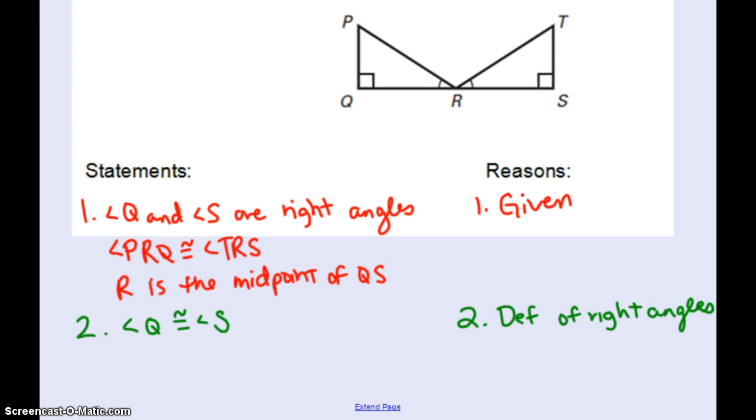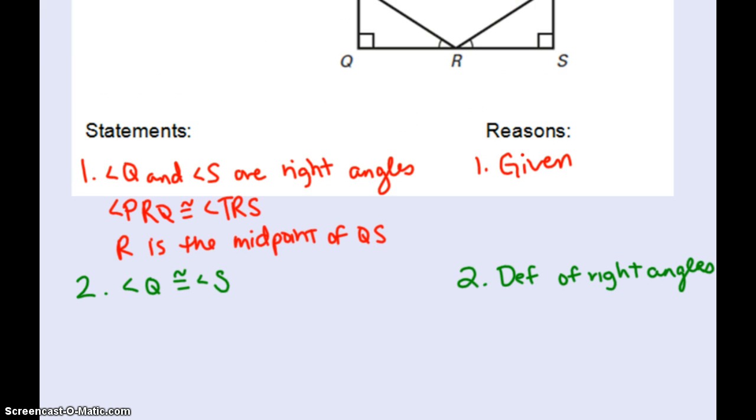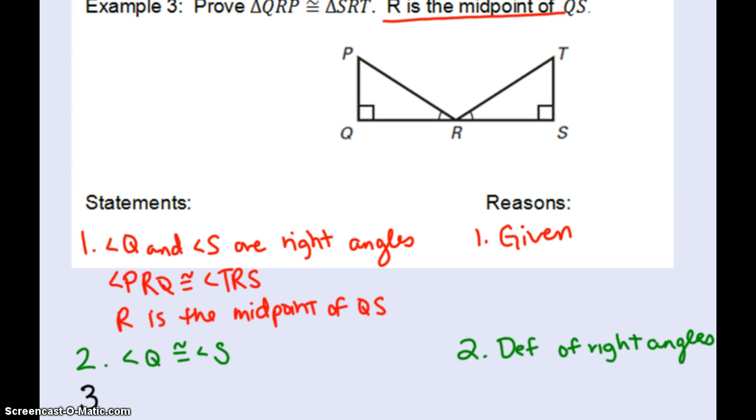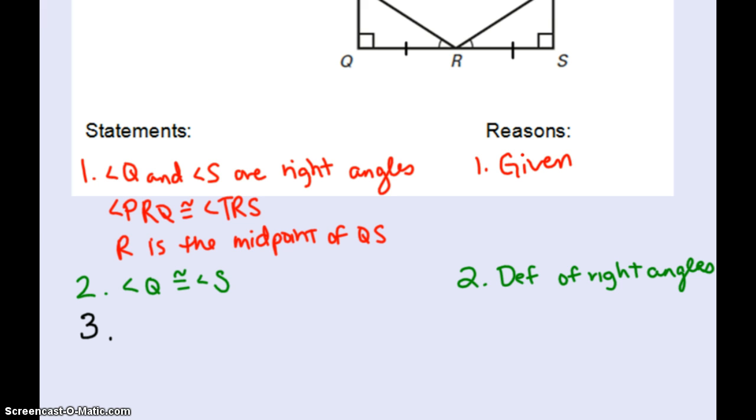Okay, what do I know about the midpoint? The midpoint cuts it into 2 equal pieces, so QR and RS must be congruent in length. So QR is congruent to SR, and that was the definition of a midpoint.